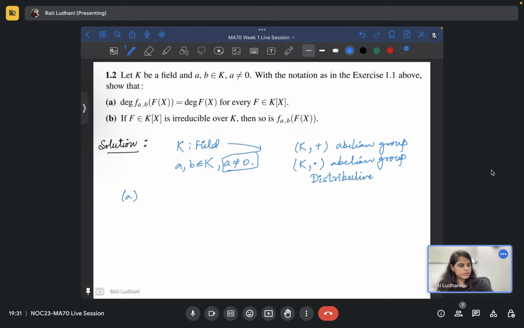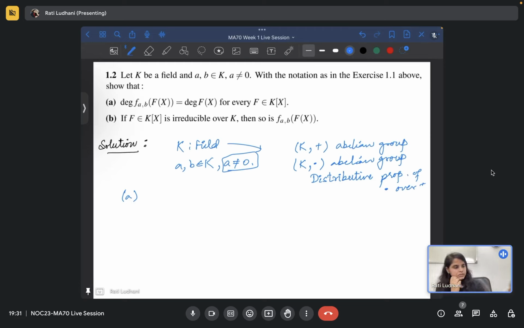So you have these 11 properties if you count. Distributive property of multiplication over addition: a dot (b plus c) is equal to a dot b plus a dot c.